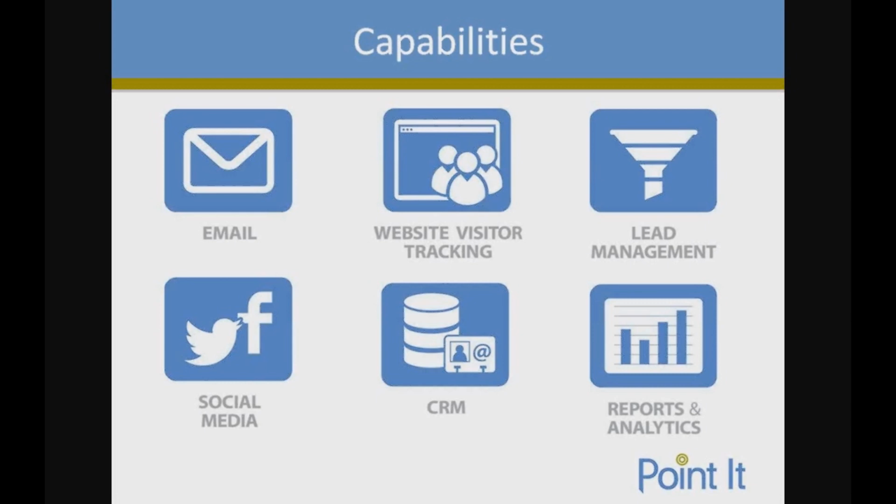Social media marketing was a big part of the expansion of marketing automation platforms in 2012, so there are quite a few social media aspects of marketing automation. Additionally, the CRM, your customer relationship management software, tying that in with your marketing activities. And finally, reporting and analytics, so really seeing how you can report on all of your marketing activities holistically rather than in separate campaigns.